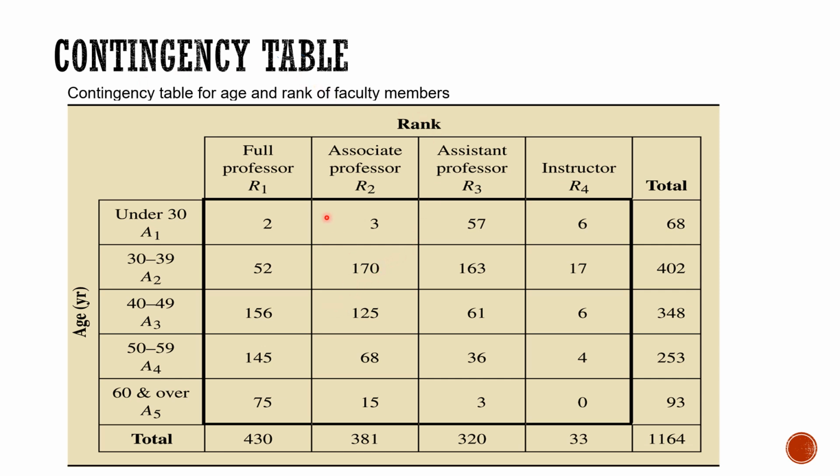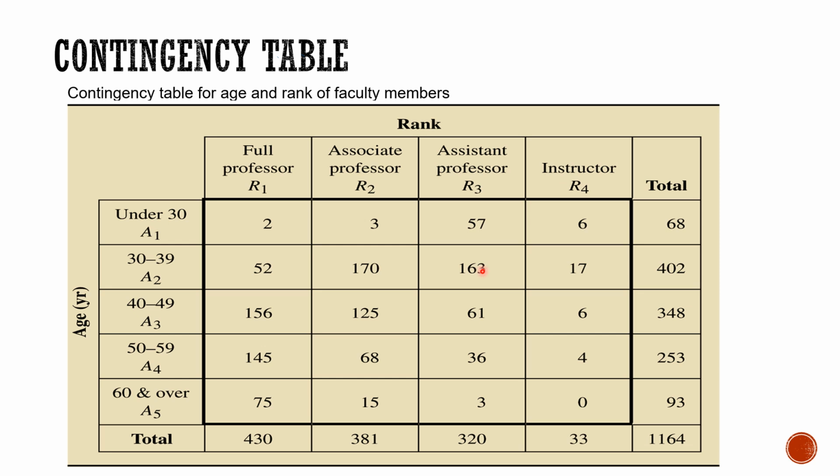All right? So inside the box, we have these values which tell us there are two full professors, or rather two people whose age is under 30 and who have the full professor rank. There are 156 individuals who are in the age group 40 to 49 and who have the rank of full professor.